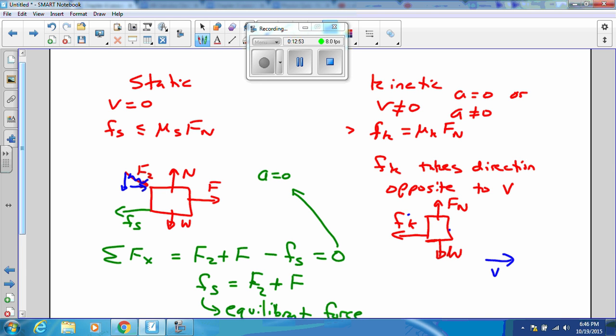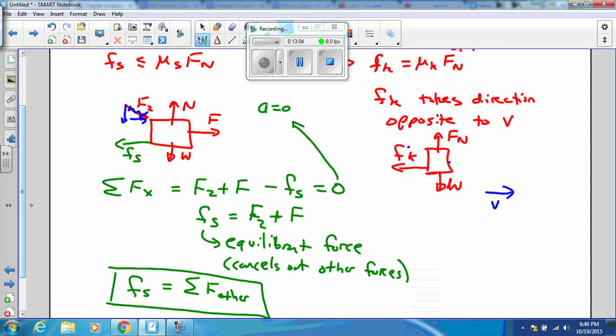All right, so what we have now is a good idea of the circumstances under which we use static and kinetic. We use static when the velocity is 0, kinetic when the velocity is not 0. We have a good idea of how to calculate the static and kinetic frictional forces. The static frictional force will be the force that is needed to cancel out all the other forces.